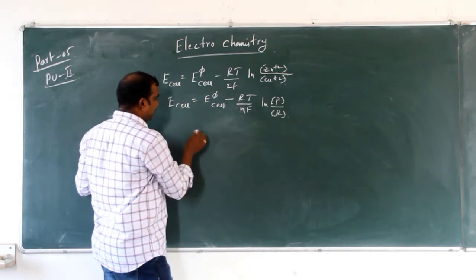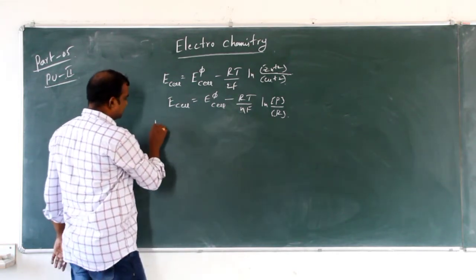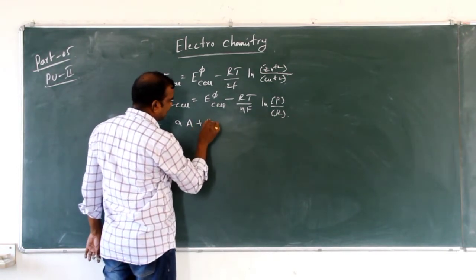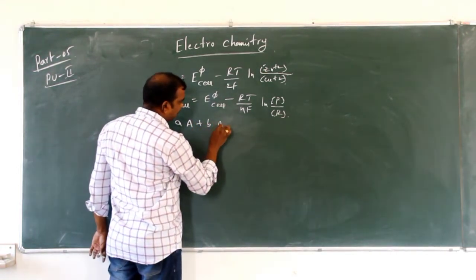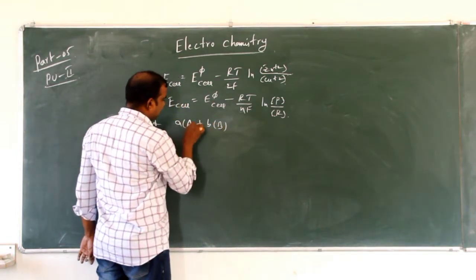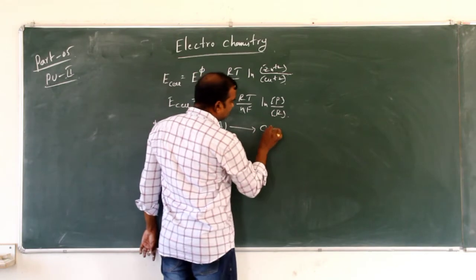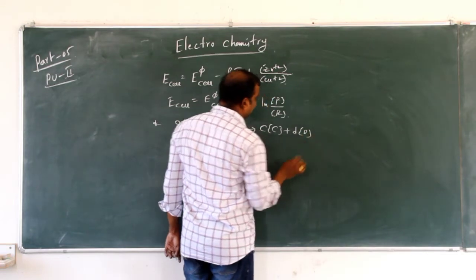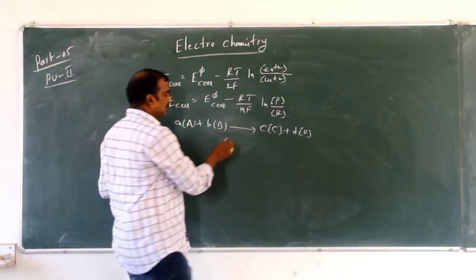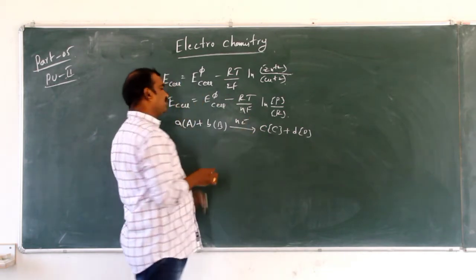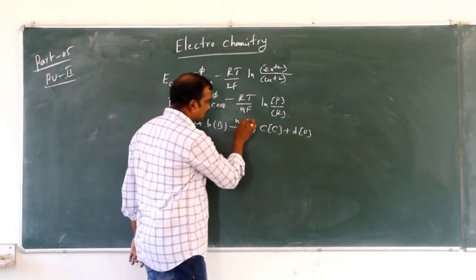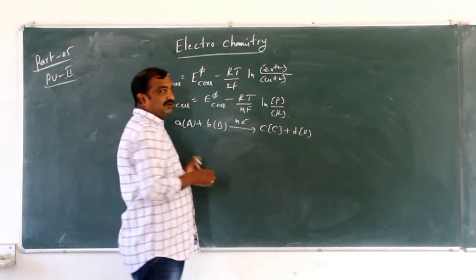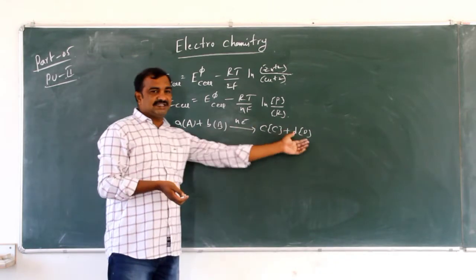Now if you write a chemical reaction like this: small a moles of reactant capital A react with small b moles of reactant capital B to give small c moles of capital C plus small d moles of capital D. The number of electrons transferred is n, where n is the number and e is the charge of the electron.